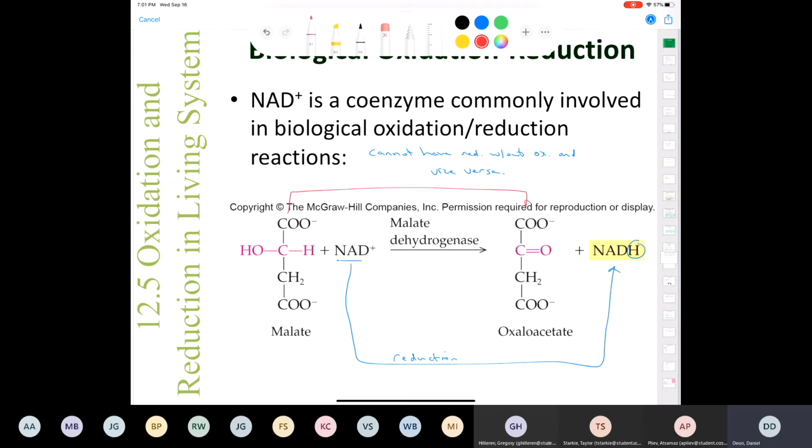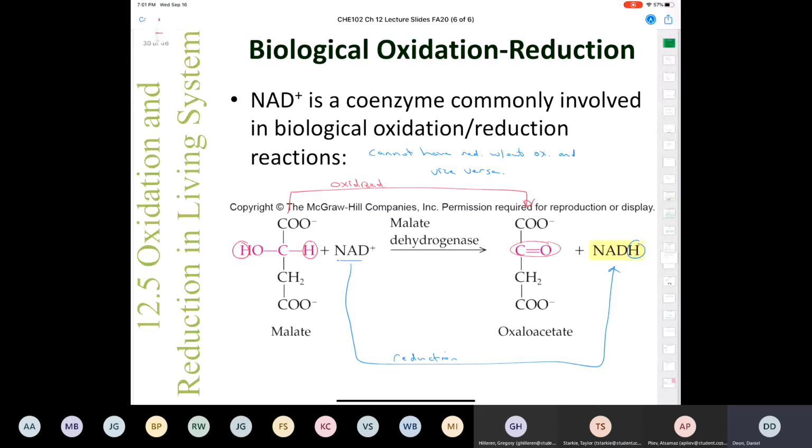Let's double check. Well, you can see that not only did the malate lose 2 hydrogens, but it also gained a bond to an oxygen like that. So this is being oxidized. So we'll always have to keep in mind oxidation and reduction a little bit in this class, even when we get into biochemistry later on.